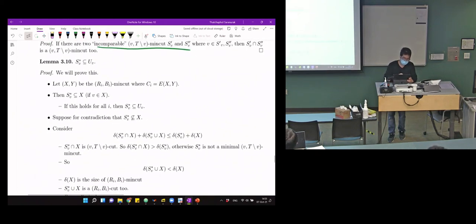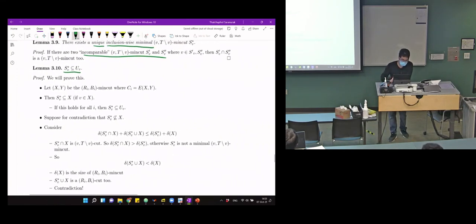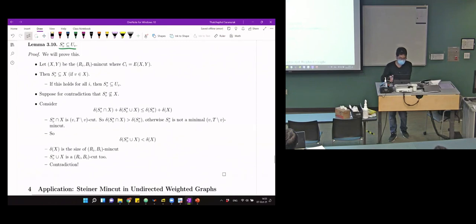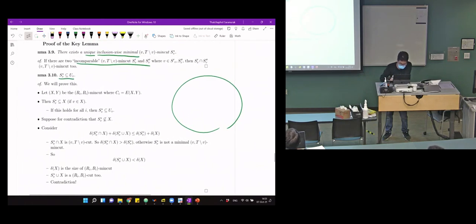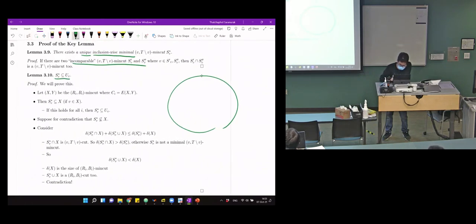The last step is just here. How come the minimal min cut is in UV? Well, let's look at here. So actually it suffices to prove this. Let's say that this is V, this is S star V. It suffices to prove this.